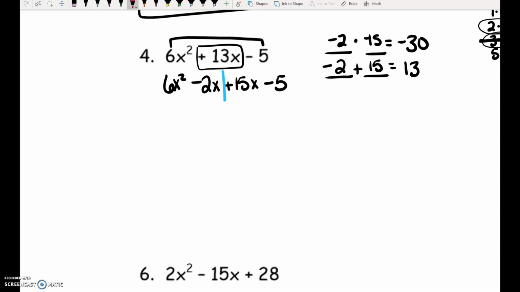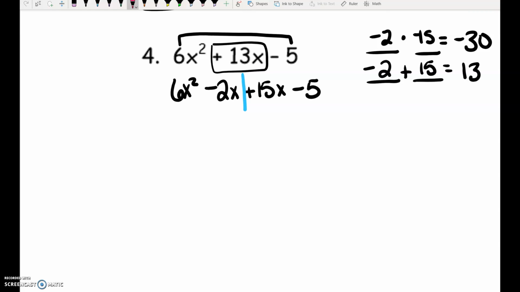In the left group, what do 6x squared and negative 2x have in common? We can divide both of them by 2, and we can divide both of them by x. And then we're going to look at what is left if we pull those out of those 2 terms. So 6x squared, 6 divided by 2 is 3, x squared divided by x is x.